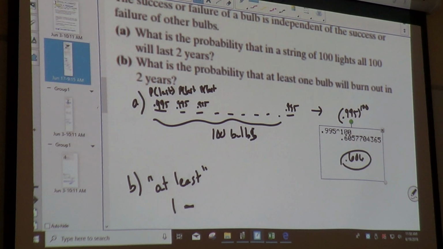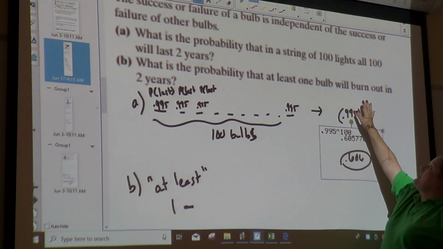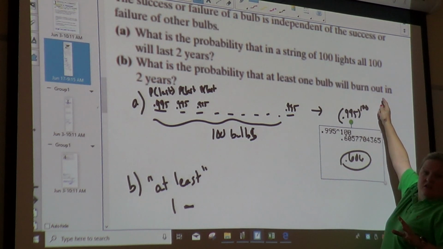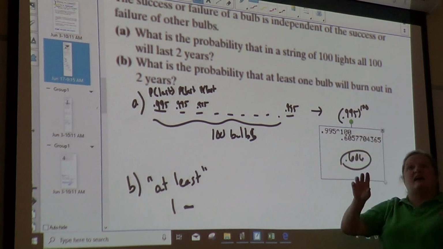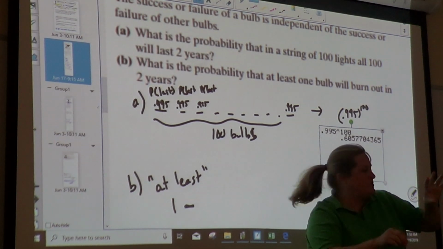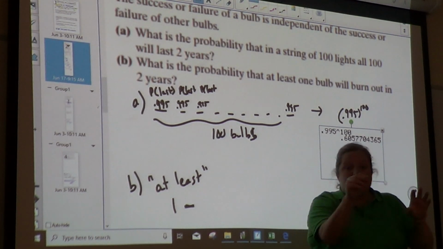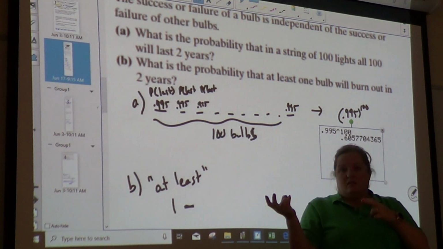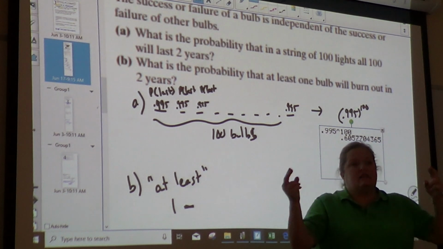We're going to do like the not. Yeah, you're right. If they burn out, that means 1 would burn out and the next one would burn out and they would all be on. So we've got to take it down. So what can it not be?